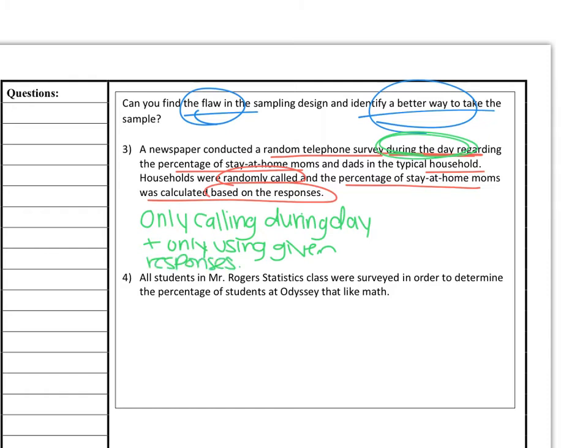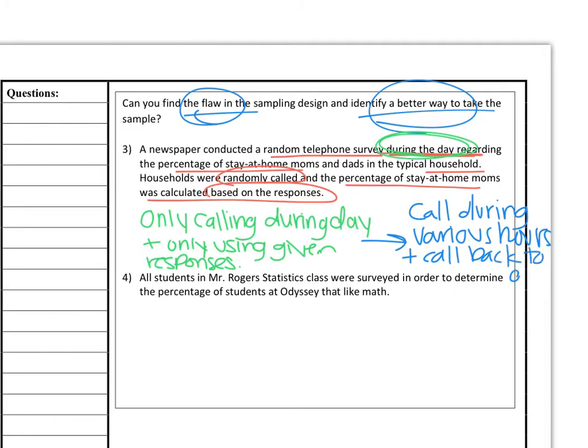So a way to fix this would be to call during various hours such as morning, evening, daytime, and call back if they don't answer the first time. Because again, if someone's out of the house but yet they're a stay-at-home mom, then they might not answer the call and we might not get their information. Or vice versa, if they're on the other side, they're not stay-at-home.